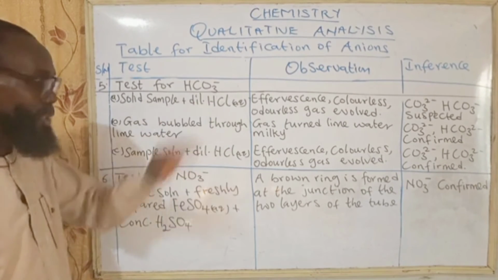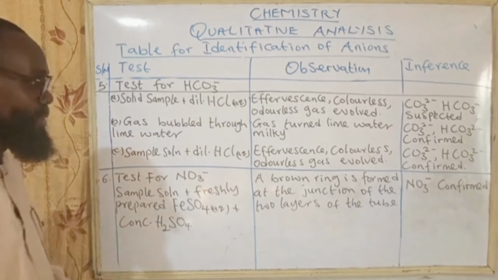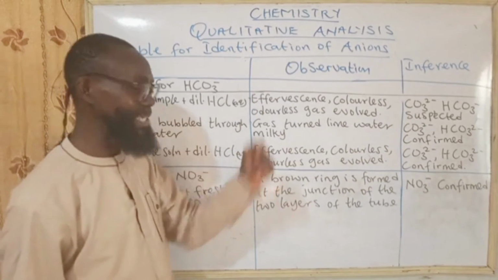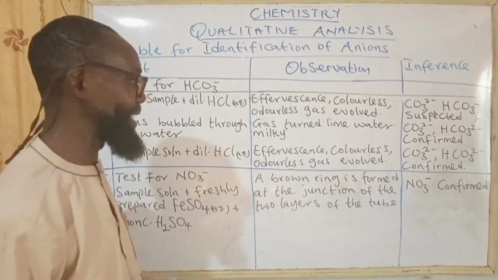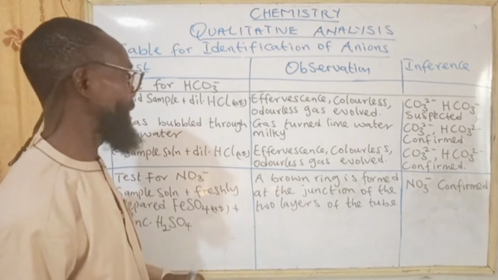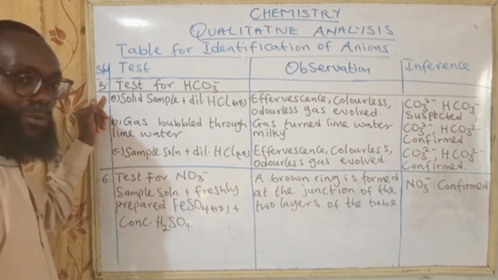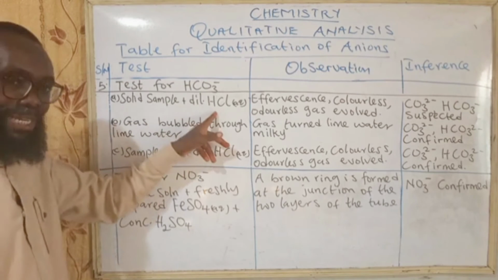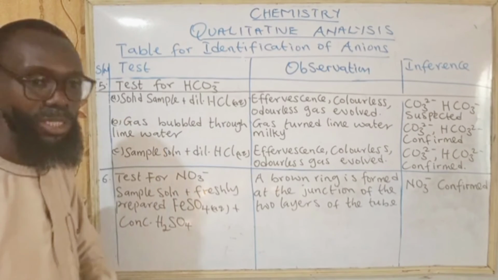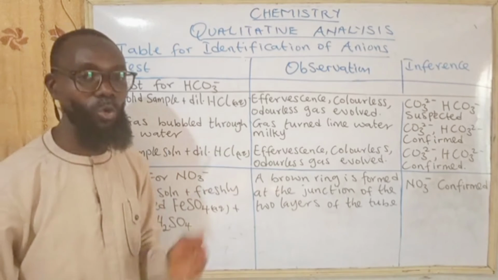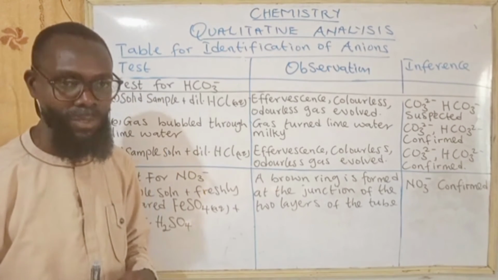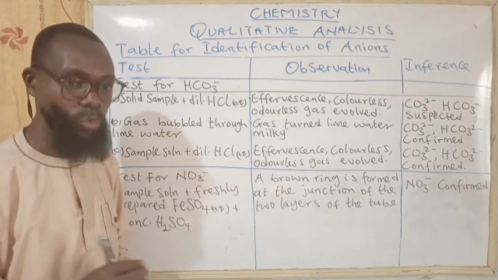Solid sample plus dilute aqueous HCl gives effervescence, colorless, odorless gas evolved. And don't forget, as I said on number 4, whenever you are using HCl, make sure you go along with your litmus paper, blue and red litmus paper.